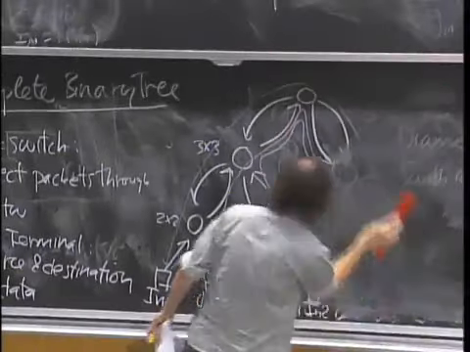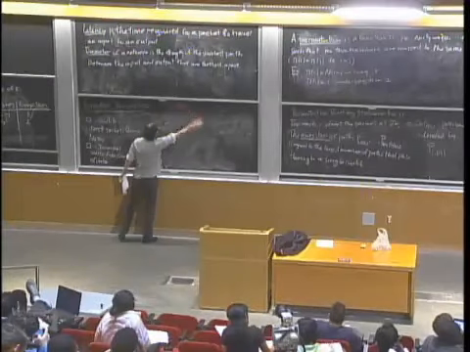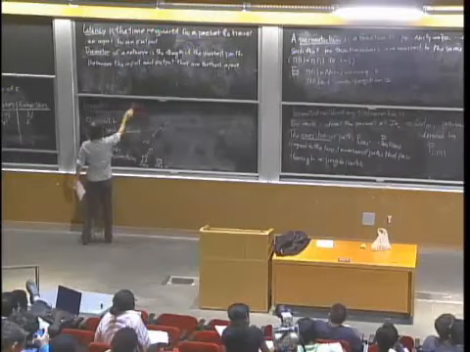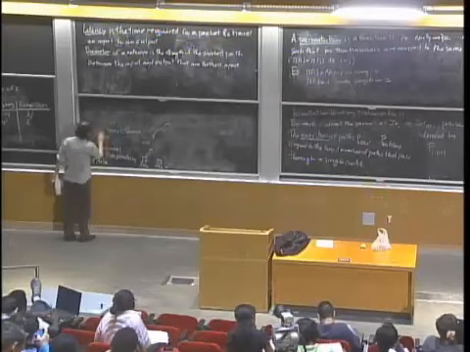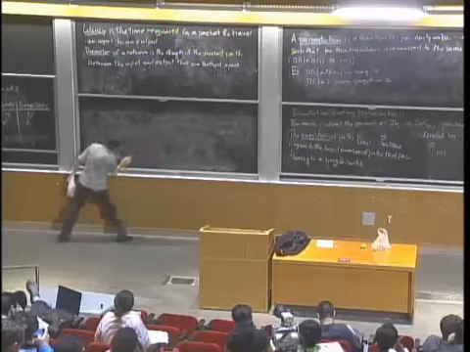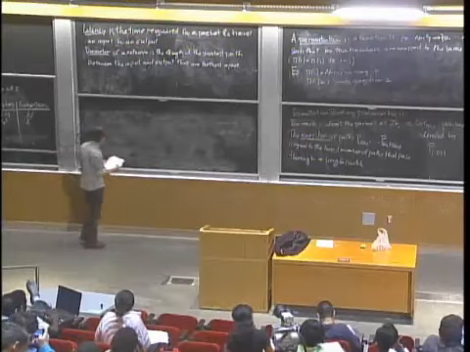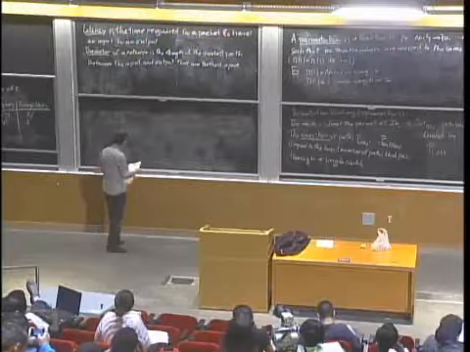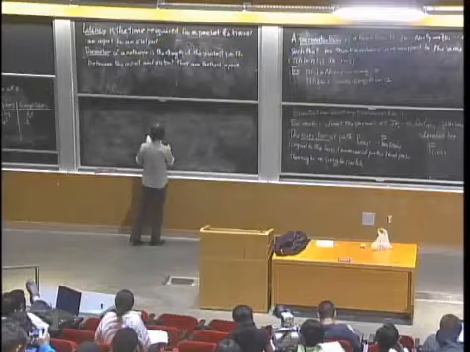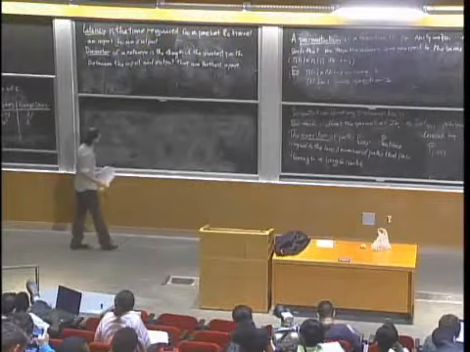So the idea is to construct a butterfly network, and I will draw it in such a way that you can see the recursive structure. And the idea is to do the following thing. So let me see how I can do this the best.